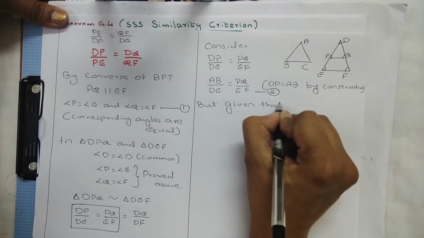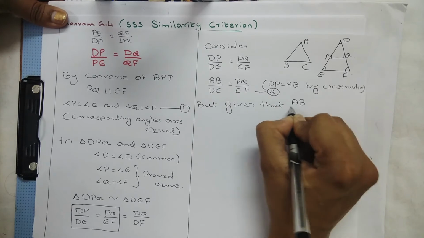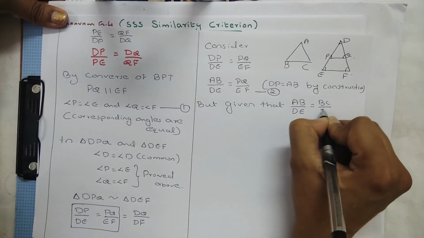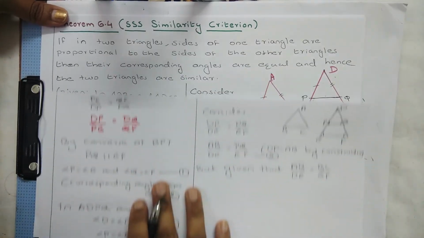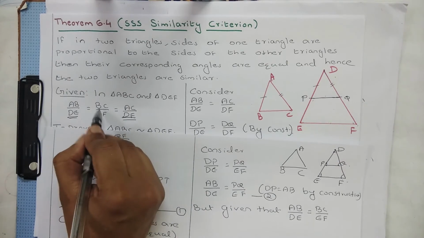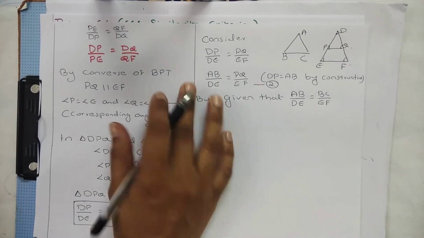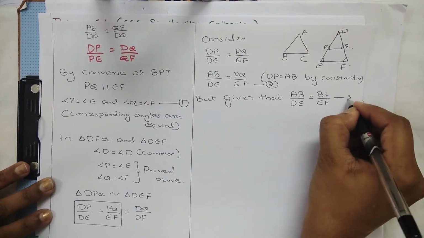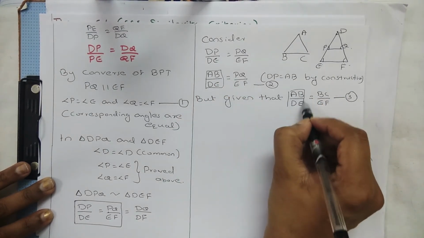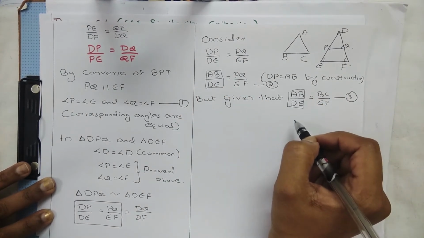But given that AB divided by DE is equal to BC divided by EF. The first statement they have given: AB divided by DE is equal to BC divided by EF. So put that as equation number 3. Now from 2 and 3, what will you get? Here also AB divided by DE.